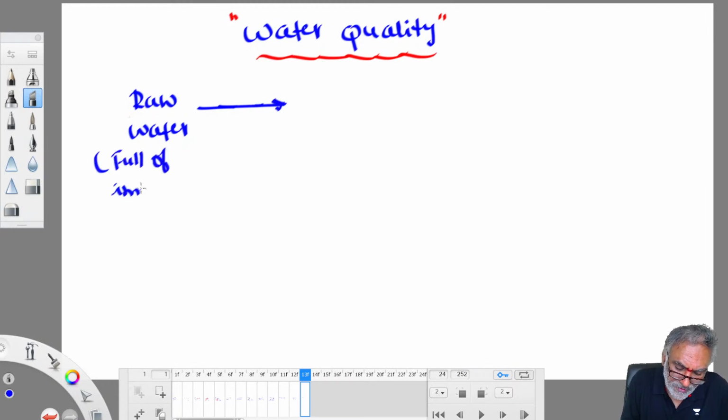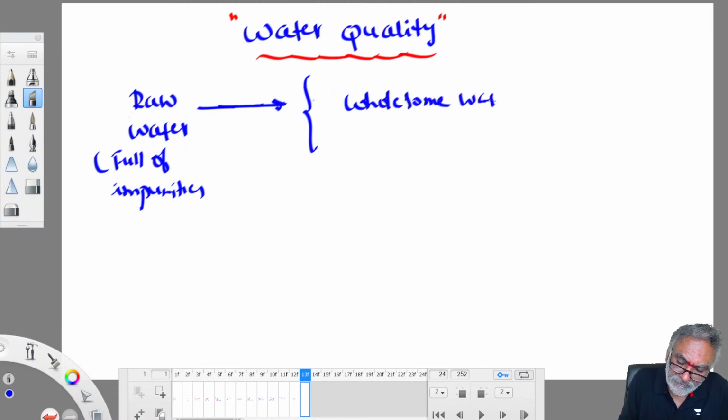Water full of impurities is converted into wholesome water.